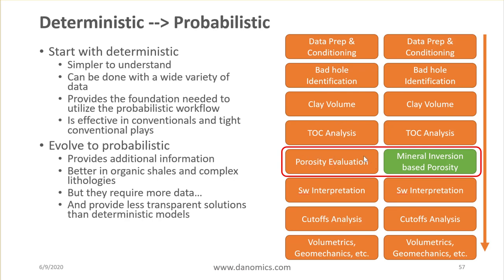Then we move into a porosity interpretation. Within that porosity interpretation, we'll have options to do things like clay volume corrections and TOC corrections. There's a whole host of methods that can be employed there: density porosity, sonic porosity, neutron density porosity, a number of different ways we can go about that.